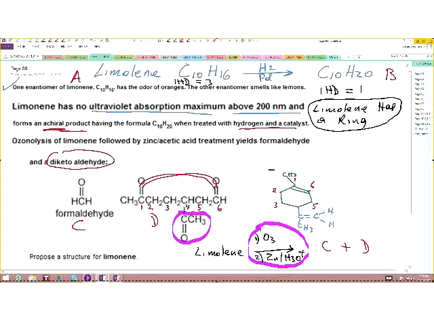What does that mean? That means that they performed hydrogenation. When hydrogenation was performed, what's going to happen? The double bond will be gone. Okay, so now we have this.